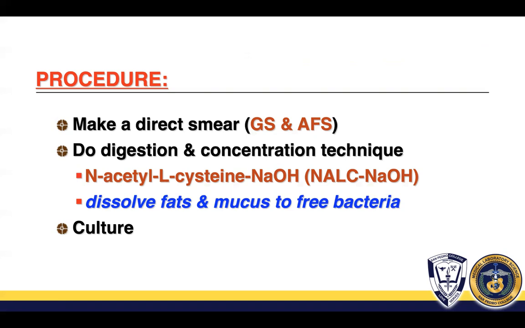Use the NaLC-NaOH technique, so the N-acetyl L-cysteine sodium hydroxide method. This technique will dissolve the fats in the mucus to free the acid-fast bacteria. And then after your digestion procedure, perform acid-fast staining. So if it comes up positive, then proceed to culture.